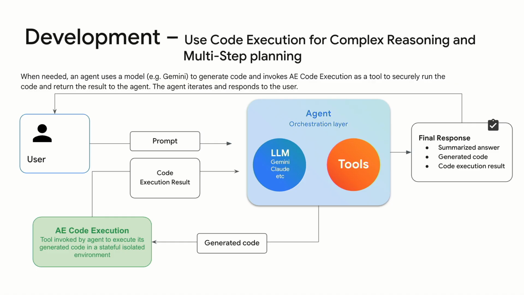Code can provide you unambiguous and precise logic for tasks that are brittle or impossible for a large language model to reason about directly. Agent Engine provides a secure code execution sandbox as a tool for you. The agent model can then generate code and run it in this stateful, isolated environment, get the result back, and continue its reasoning and next actions.